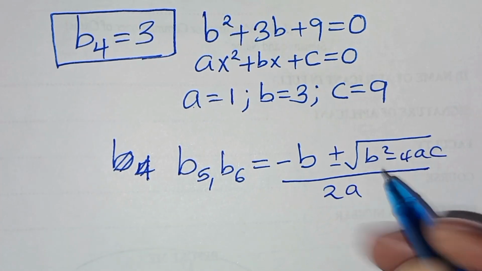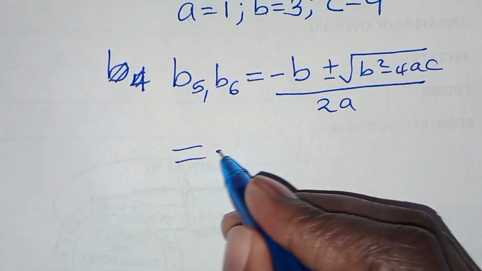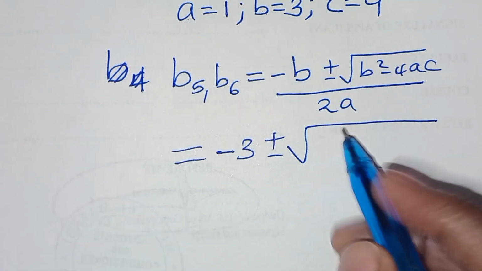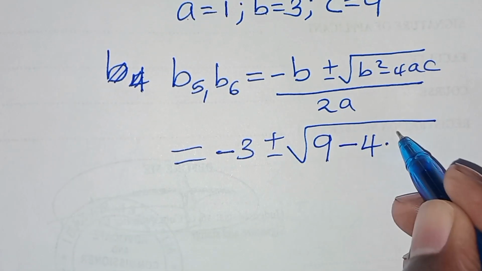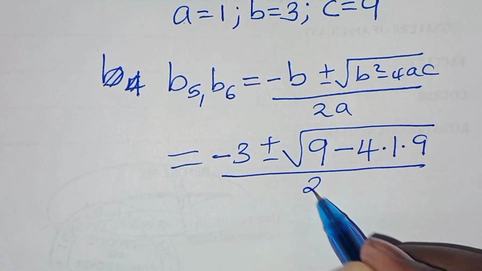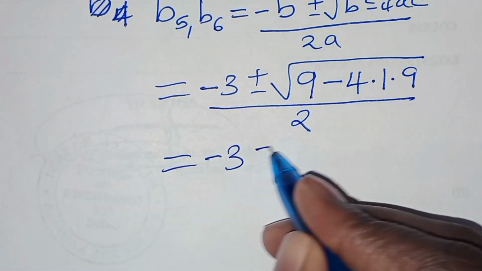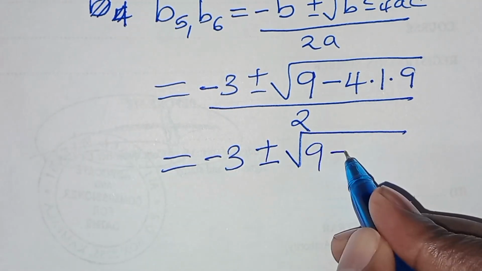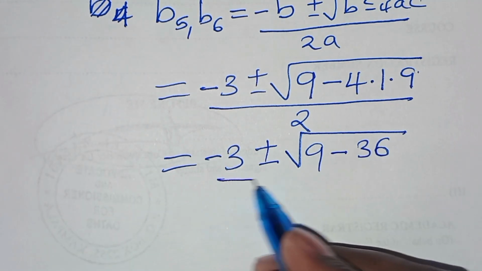So this implies that here we'll have minus 3 plus or minus the square root of 3 squared, which is 9, subtract 4 times a, which is 1, times c, which is 9, divided by 2. So here we have minus 3 plus or minus the square root of 9, subtract 9 times 4, this is 36, divided by 2.